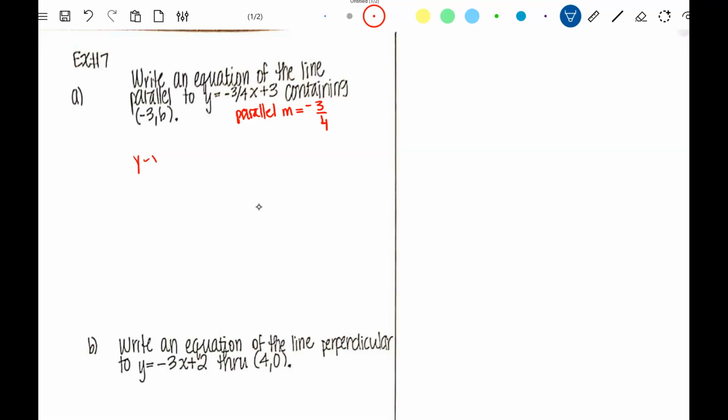So y minus y1 equals m times x minus x1. So y minus 6 equals m, which is negative 3/4, times x minus negative 3. So y minus 6 equals, and distribute, that's negative 3/4 x minus 9/4.